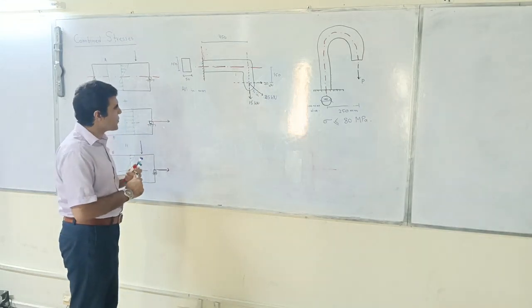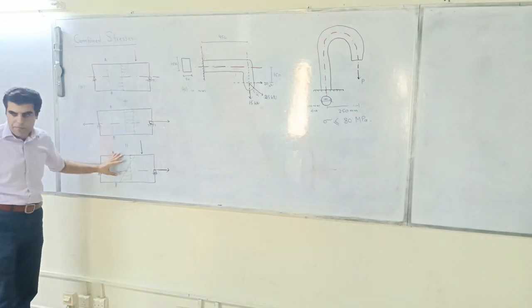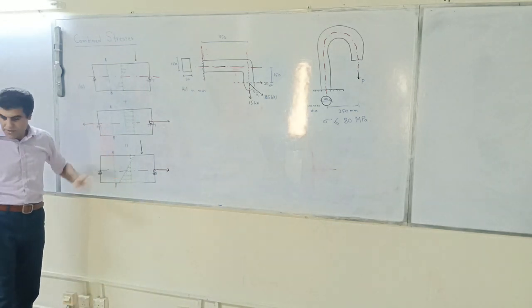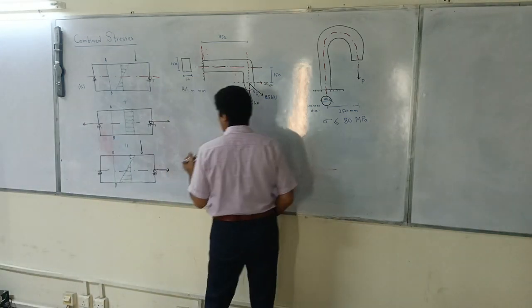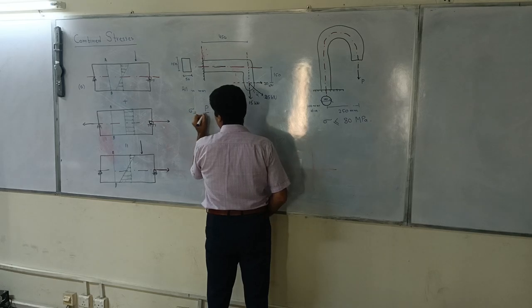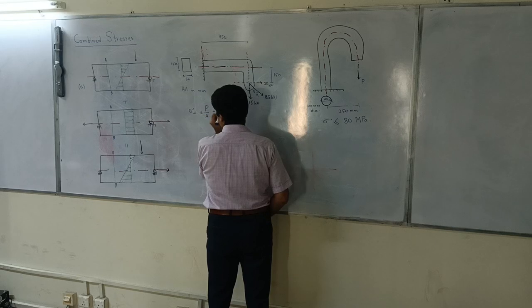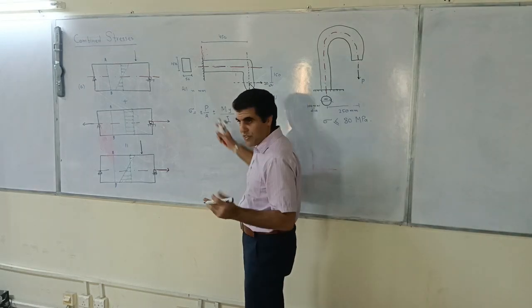Now based on this example which we have done, we can write our general stress equation as stress is equal to P by A plus minus M y over I. That is our general stress equation.